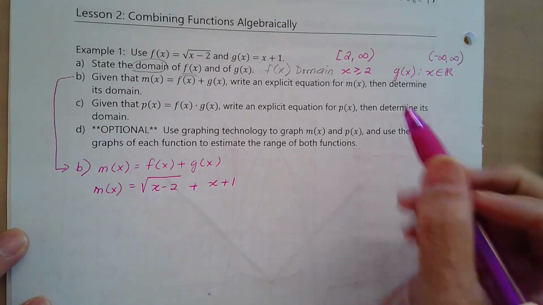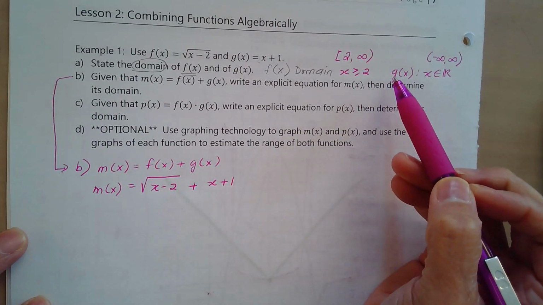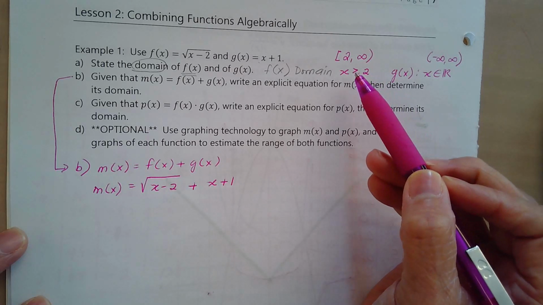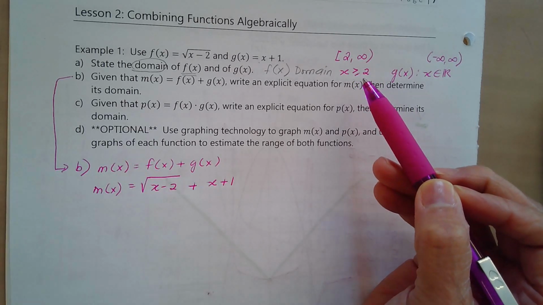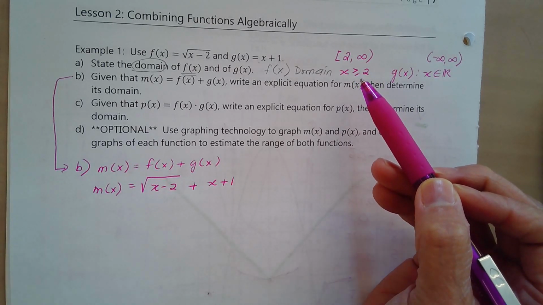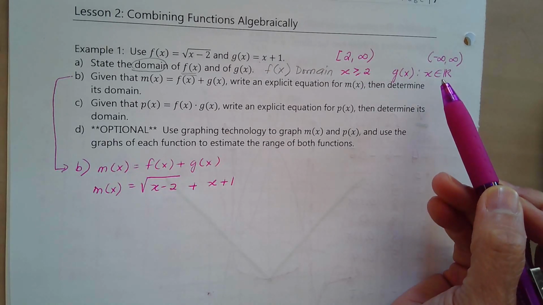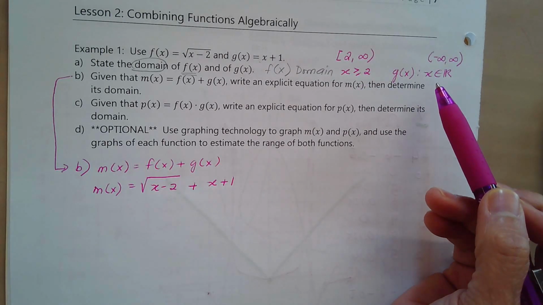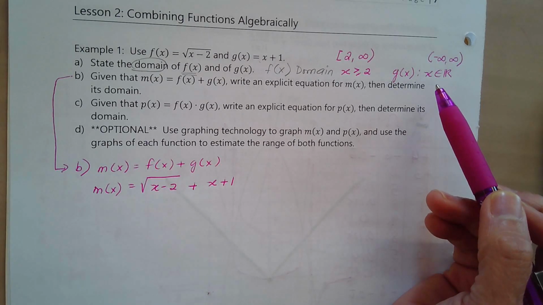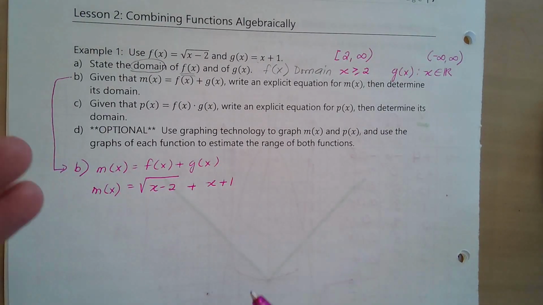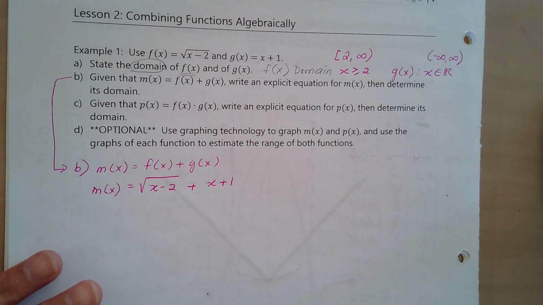So if you take a look at this, the domain here is greater than or equal to 2. But this one here, all real numbers. So if we add them together, what would be the proper domain for the combination of the two? 2 to infinity, right?